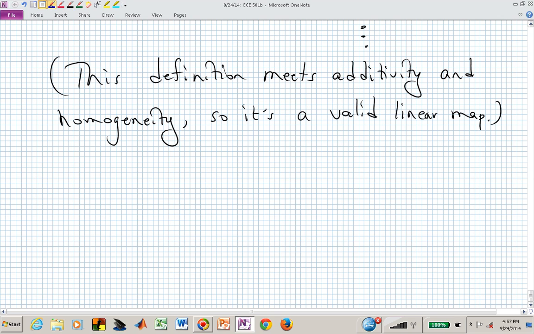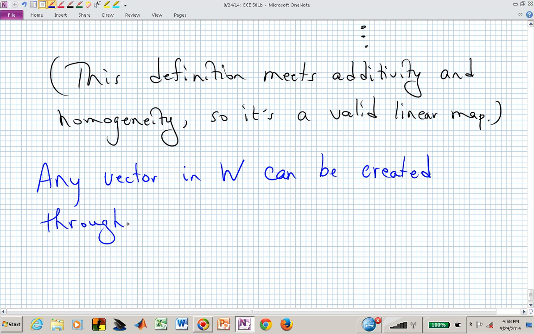Any vector in W can be created through the appropriate choices of the a sub i's.